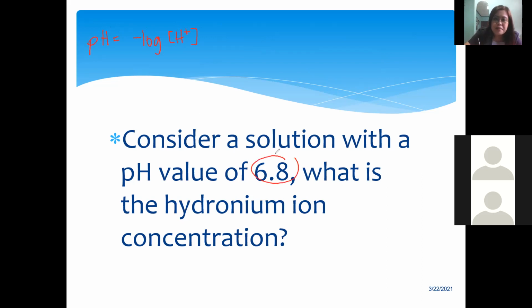It's just that pH is given, and we are looking for the hydrogen or hydronium ion concentration. Baliktad ito. So the same formula, you will just place the pH here. It's 6.8. And then negative log of H plus.